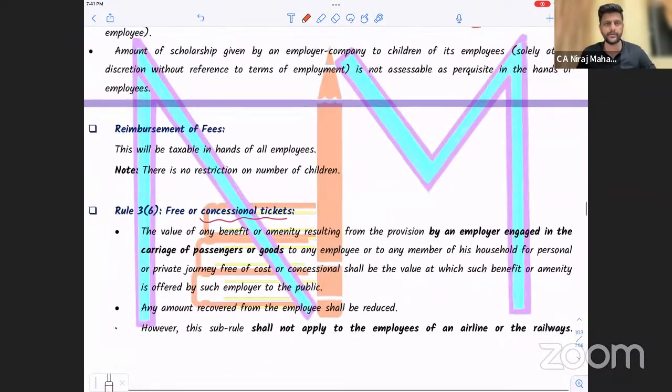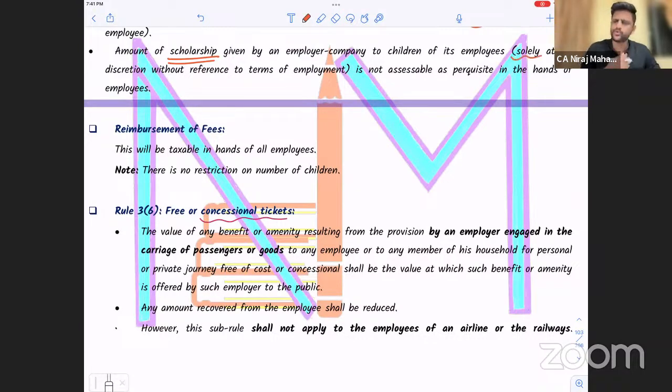Amount of scholarship given by an employer company to the children of the employee solely at its own choice and discretion, without reference to the terms of employment. That means it is not in the terms of the contract of employment, but voluntarily the company wants to sponsor the employee's children.